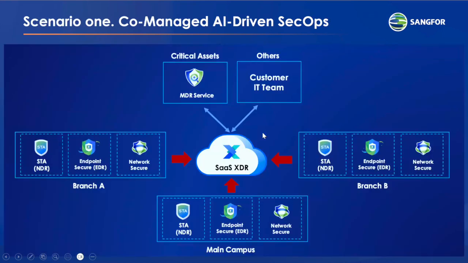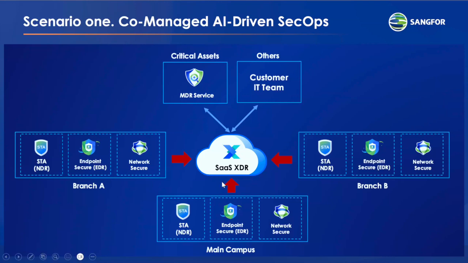So three scenarios I want to highlight. The first one is co-managed AI-driven SecOps. A lot of customers will purchase our SaaS XDR because they don't need to deploy or provide the hardware. I also recommend you purchase SaaS XDR, because it will reduce the budget and a lot of expenditures.